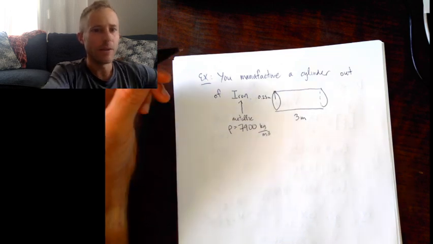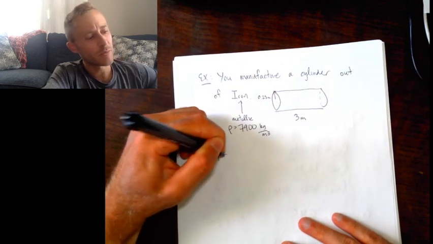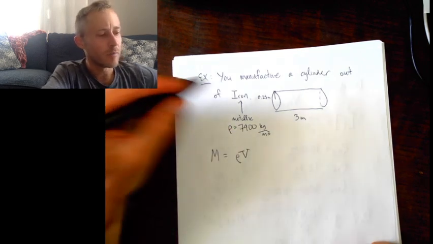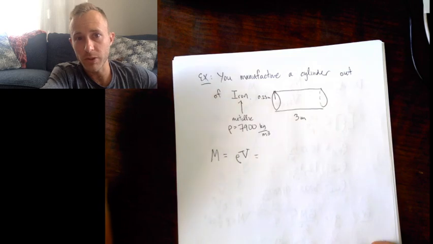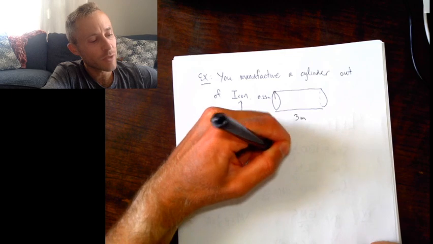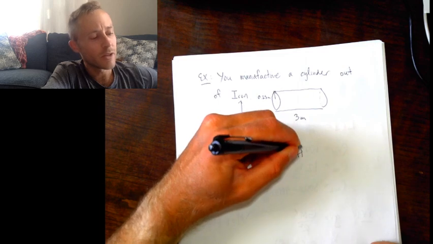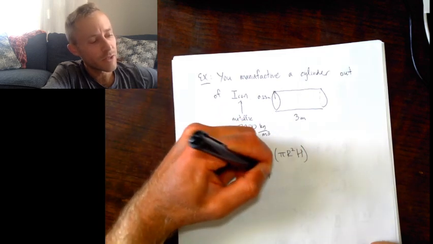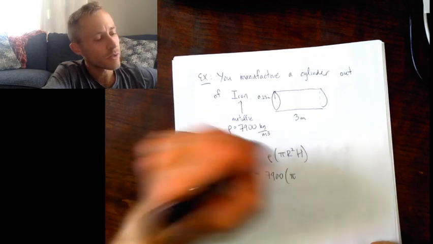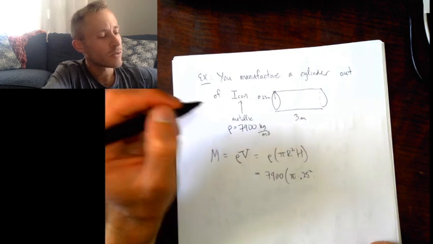So, if I want to know the mass of this cylinder, mass would be density times volume. This is a cylindrical shape, so I'm going to use the equation for volume of a cylinder. Density times pi r squared h. And then I just plug in numbers. 7,900 times pi times r squared, so 0.25 squared, times h, which is 3.